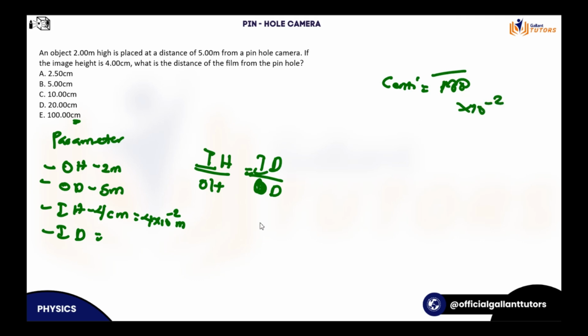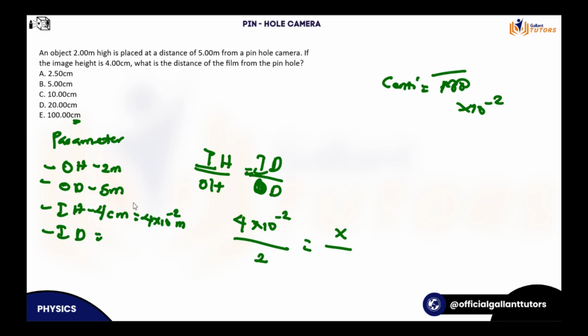So we have 4 times 10 raised to the power minus 2 over object height, that's 2, equals image distance over object distance. The image distance is unknown, x.